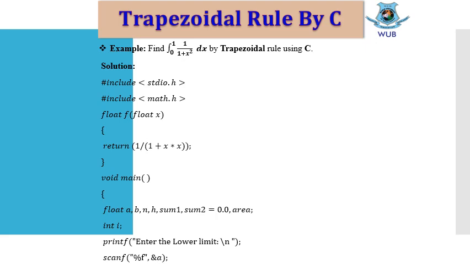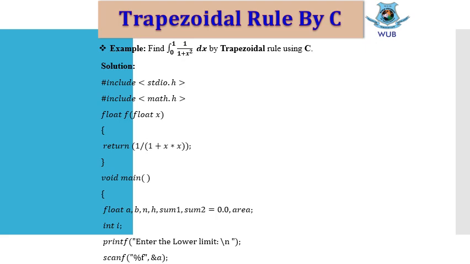Okay, there is an example given for you where you can see the range between 0 and 1, and the function is 1 by 1 plus x squared, and using this function we find the area by the trapezoidal rule.